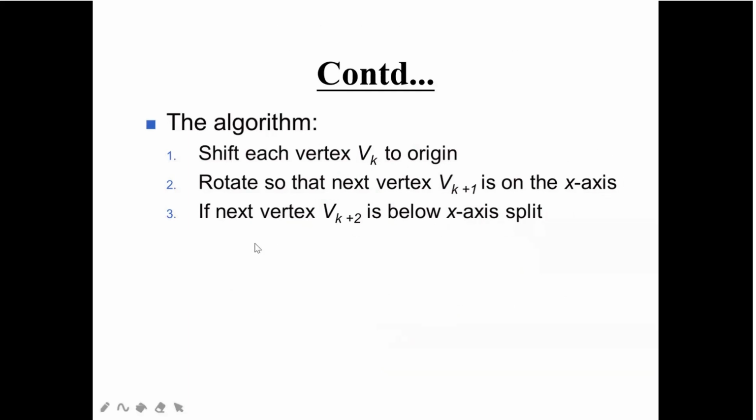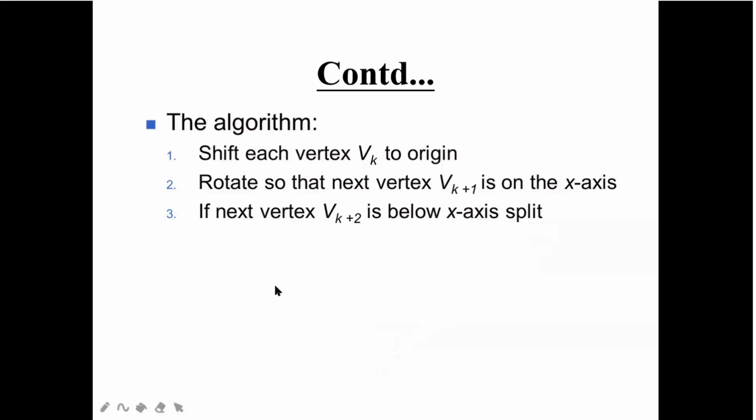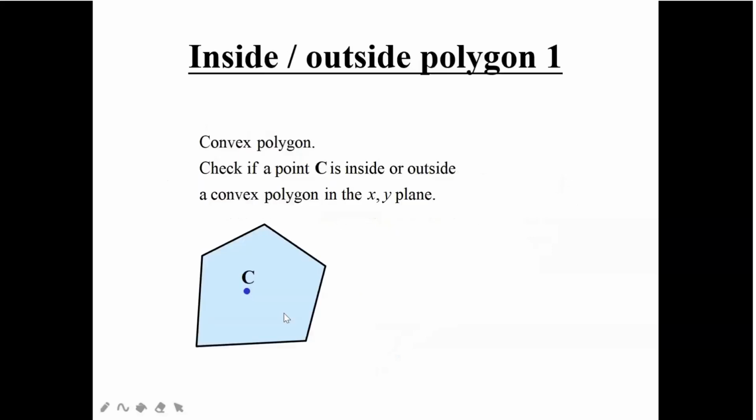In the third point, the next vertex point after your previous vertex point, that will be vk plus 2, will be below your x-axis. So you can see here that it became below this x-axis plane. This is just one example where you are going to use this algorithm and split it. So you have to write the answer in a very theoretical way.